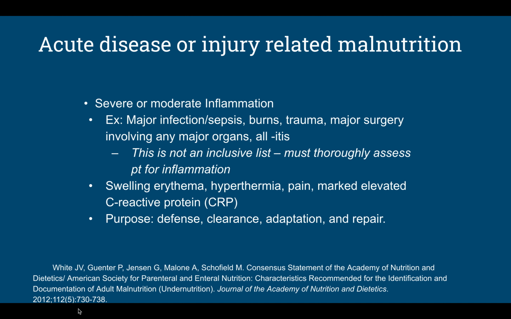I used to order it a little bit more, but really now I don't too often. And the body is producing inflammation because it needs to defend itself to clear up infections or anything that is going on, or is getting adapted to a new condition, and of course the body needs to repair itself.